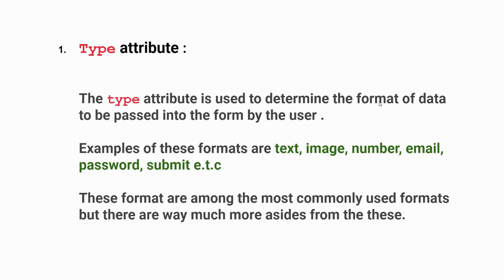It determines the format, which means that once the type attribute is already stated, you cannot put data of a different format outside the one that has been created already.